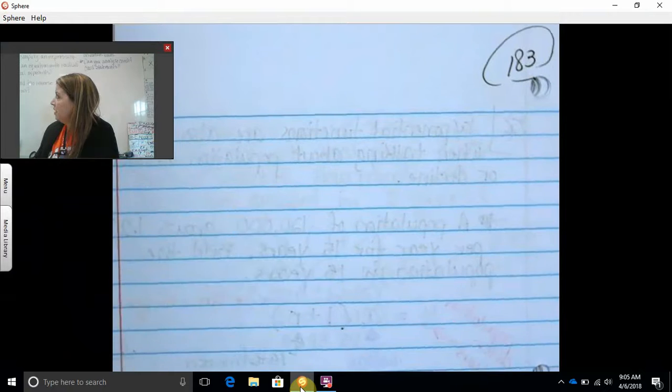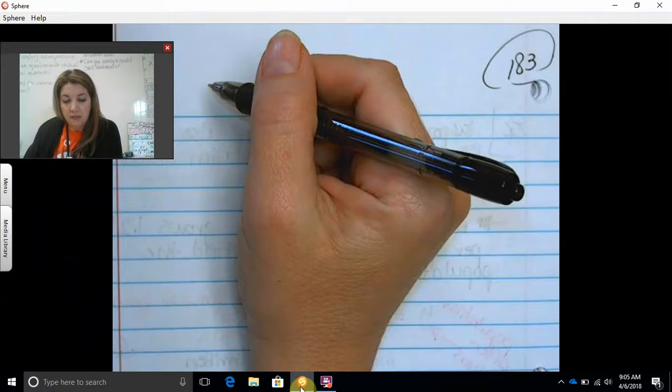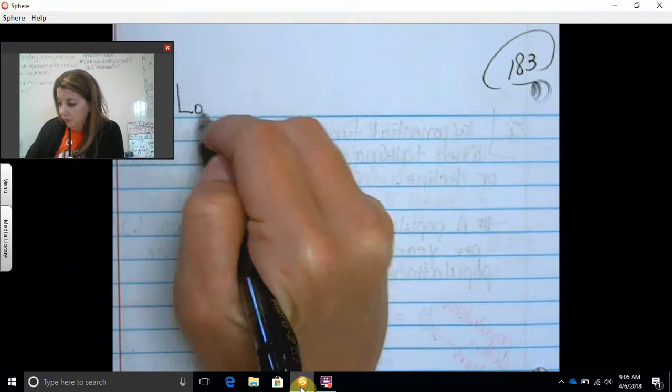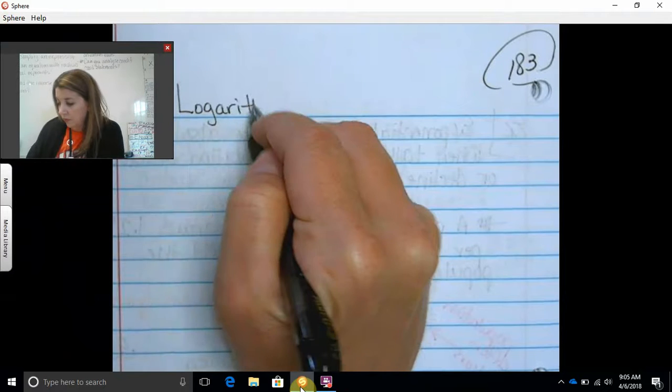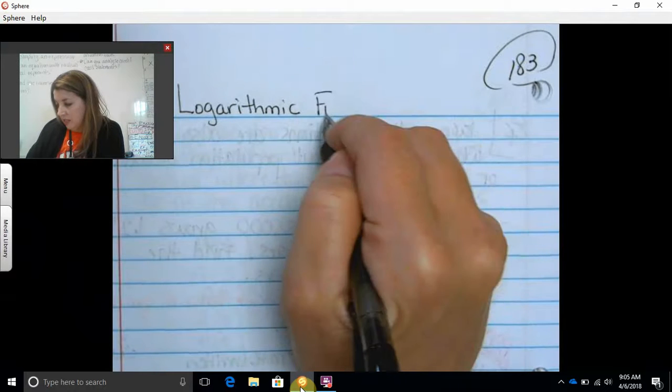All right, we're on page 183, and the title is Logarithmic Functions as Inverses. Logarithmic functions as inverses.